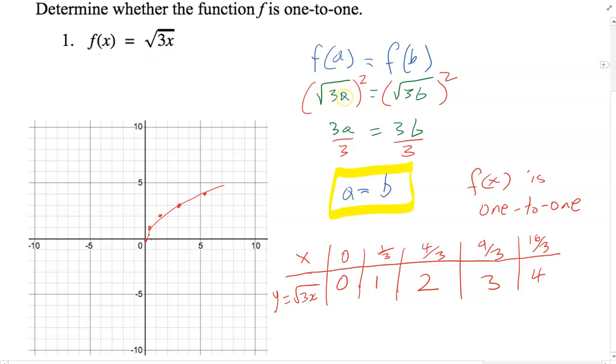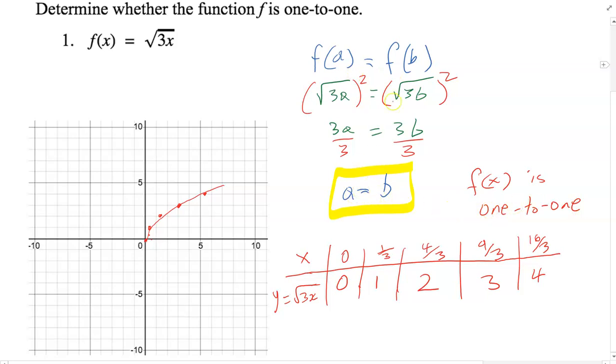So we have radical 3a equals radical 3b. Then to undo the radical, we square both sides. We get 3a equals 3b. Then divide both sides by 3. We end up with a equals b. So f of x, a radical function, is a one-to-one function.